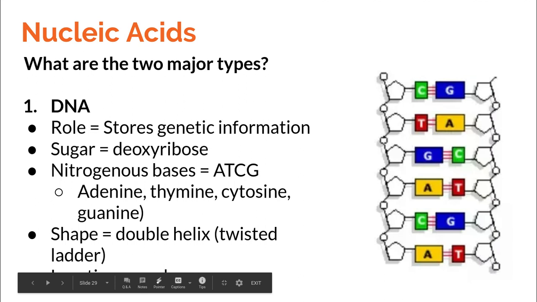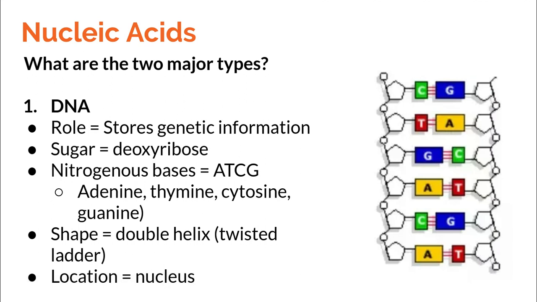The role of DNA is to store genetic information. All of the information that tells us everything about how we look and how our body is structured is contained in our DNA. And your DNA is located in the nucleus of every cell in your body. So every cell that you have, whether it's in your stomach or in your skin, each nucleus has the DNA coding for your whole body.